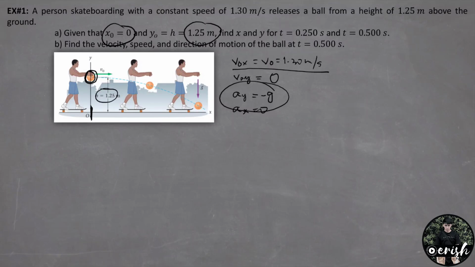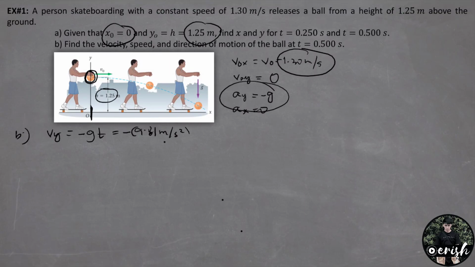Alam na natin yung Vx, which is V sub o lang din, and we have 1.3 meters per second for V sub x. For Vy, this letter B, for Vy naman, we have negative gravity times the time. At dito natin makukuha yung velocity in y direction. So, ang gravity natin is 9.81 meters per second square times the time na 0.5 seconds.